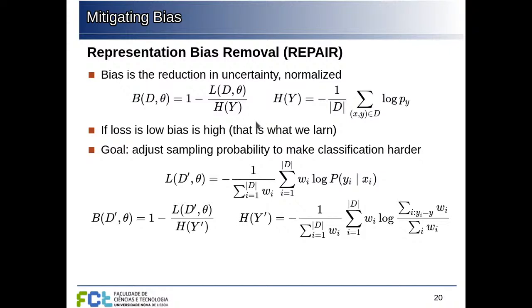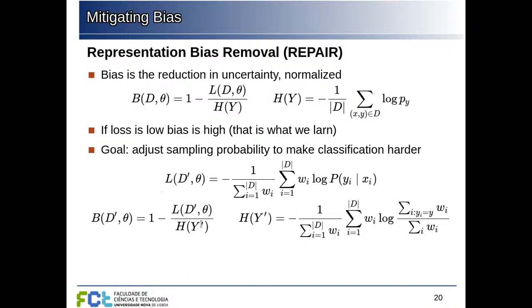Note that we are not making a distinction between good bias and bad bias. This is not an evaluation of what should be removed. It's just the realization that bias will help us classify things correctly according to the loss function. And so this is how we can measure this, 1 minus the normalized loss function here.